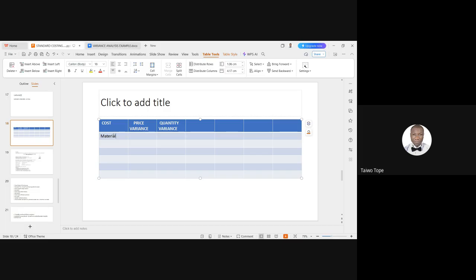What are materials? Materials are goods or substances, or raw materials, let me put it that way, that you transform into finished goods. They are components of finished goods. Now, for you to get material, what do you need, in terms of price?